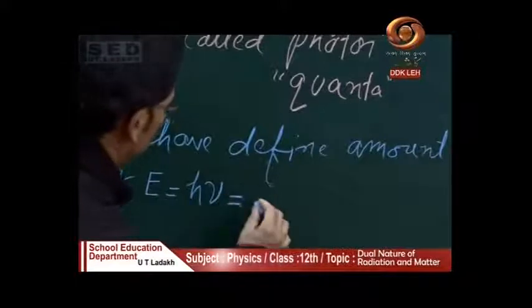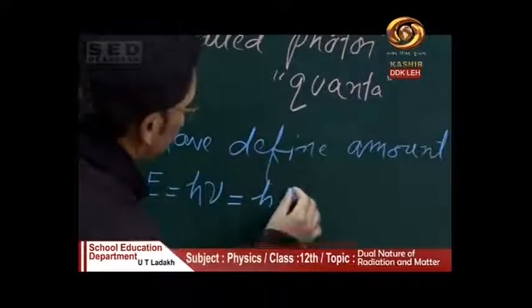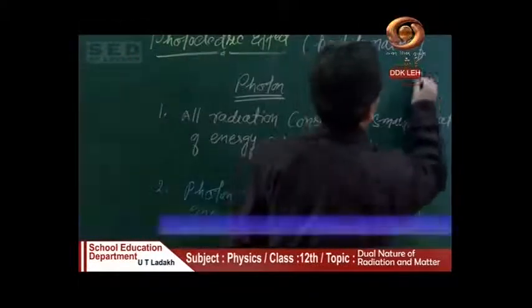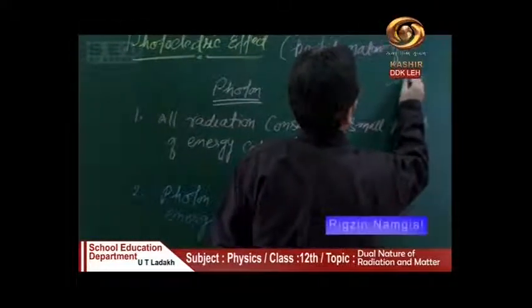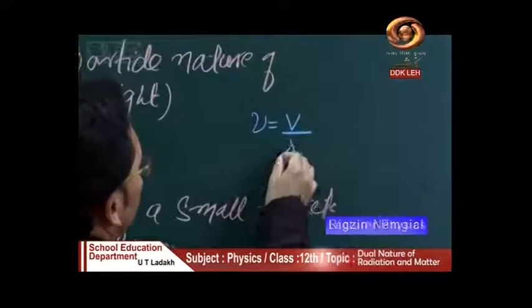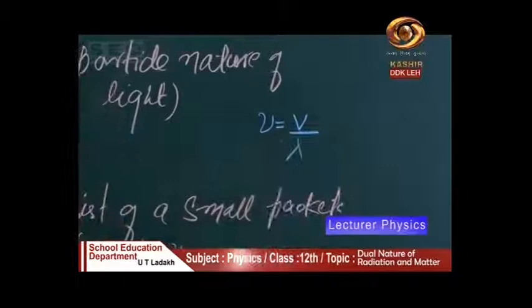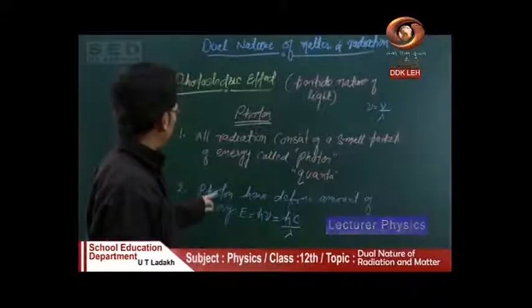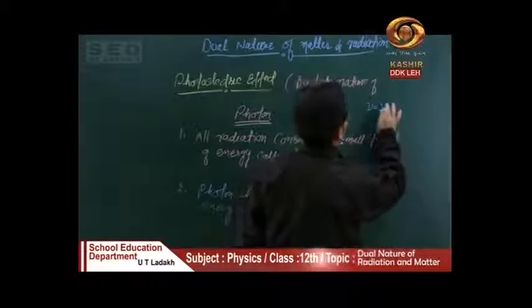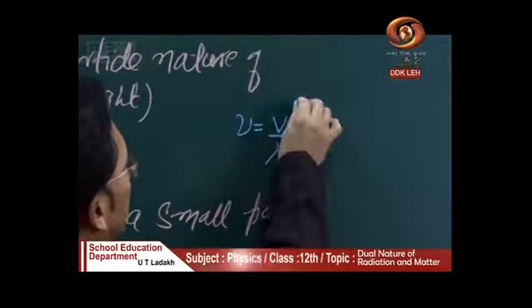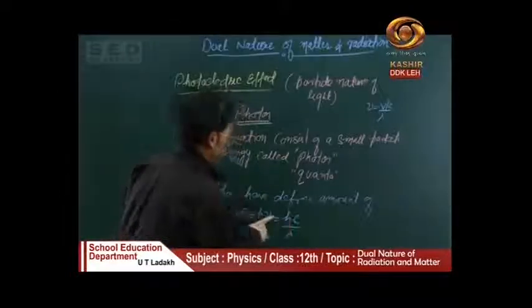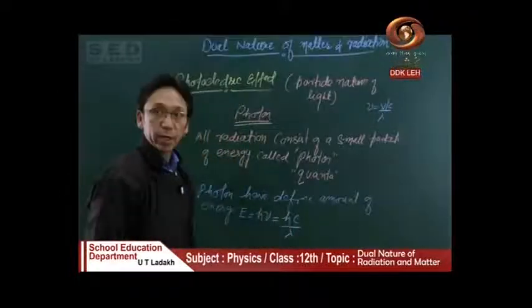We can write it also as h c upon lambda. As you know, nu is equal to the velocity of the wave divided by its wavelength. Since here we are taking the velocity of the photon, it must be the velocity of light. So instead of this velocity, we write c. So you can write nu is equal to c upon lambda.